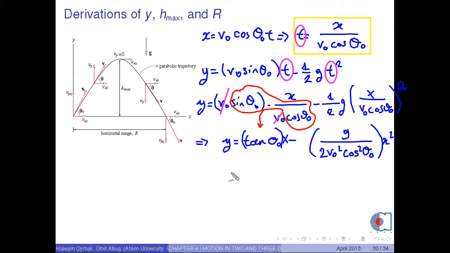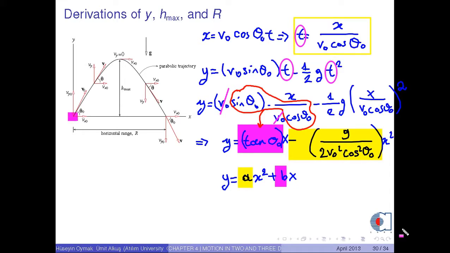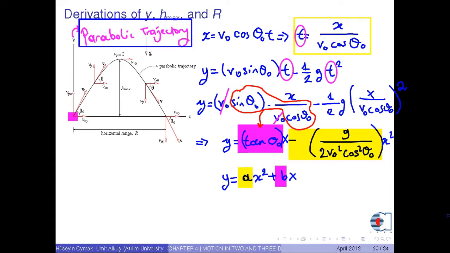Here the expressions inside the parentheses are all constant: g, V0 and theta 0, so that this equation is of the form y equals ax square plus bx, which is an equation of a parabola passing through the origin. In other words, the path of a projectile is a parabolic trajectory.